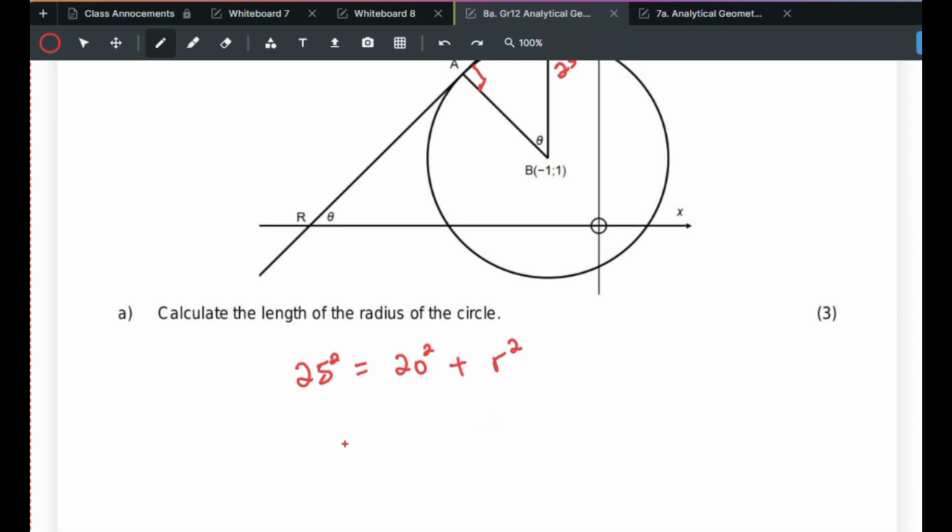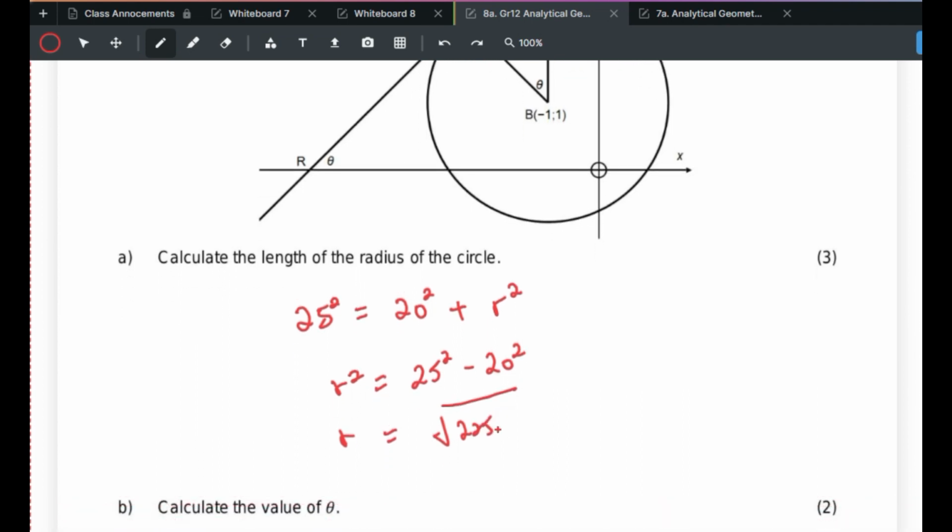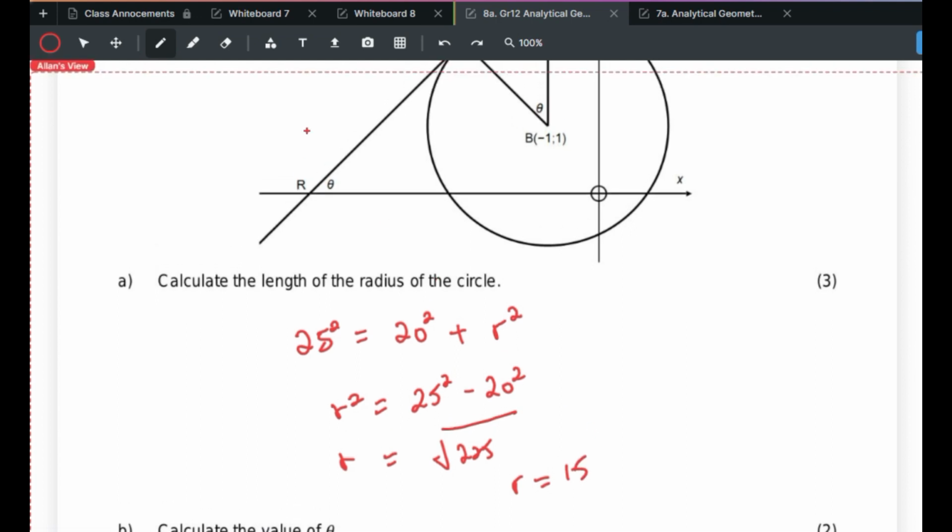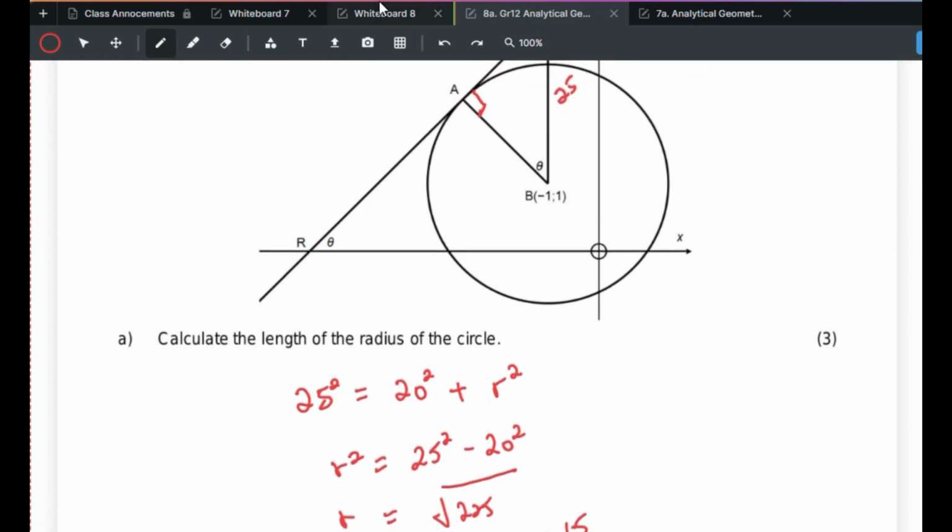So our radius squared is 25 squared minus 20 squared. So what does that give you? 225. So the actual radius is 15. That's it. It is 15.